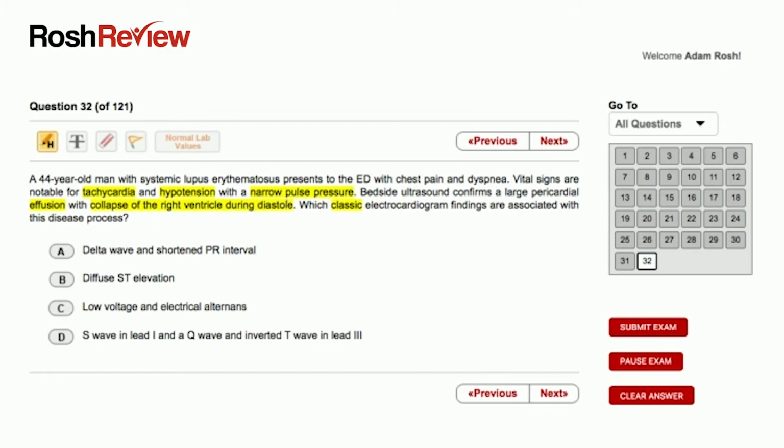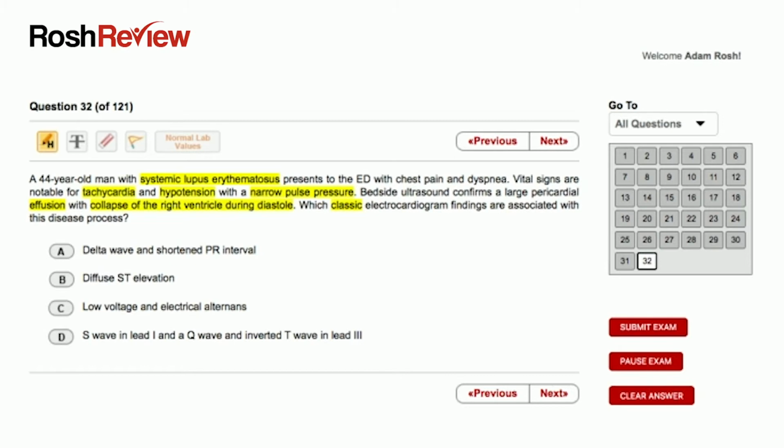And what happens here is the cause is going to be lupus, right? So we're given right at the very beginning that this is lupus. Some of these findings that you'll see, narrow pulse pressure, right? Because of fluid surrounding the heart, fluid in the pericardial sac, the more and more fluid you get in there, the less you can diastole, right? You can't expand the heart anymore to fill with blood.